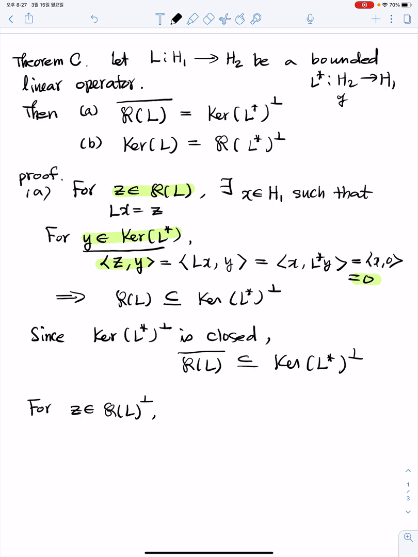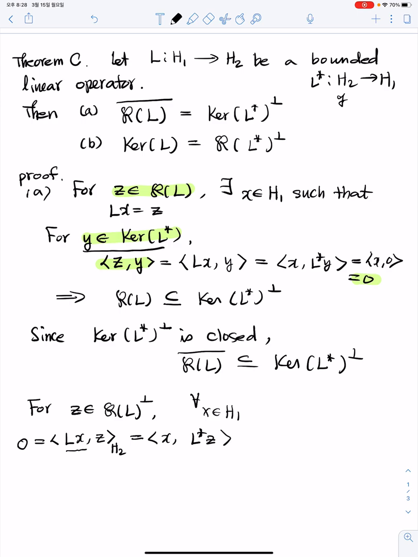Then I compute the inner product of L x and Z in H2, for any x in H1. So this one is an image, and Z is orthogonal, so that should always be 0. That equals the inner product of x and L star Z.